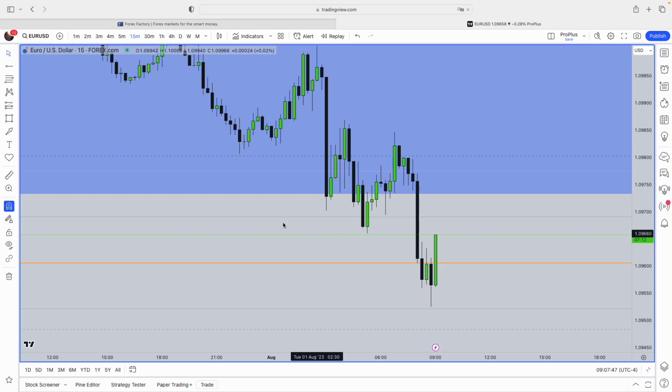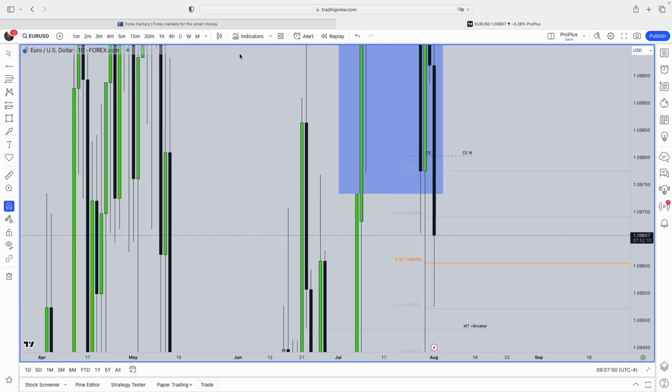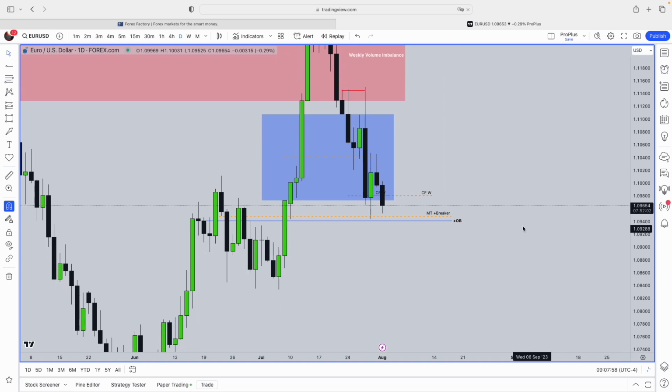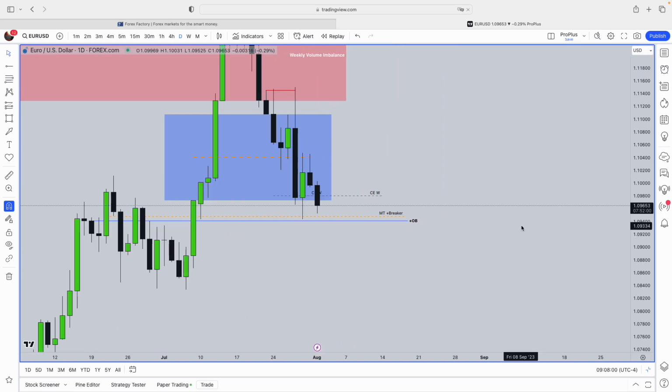So yeah, I'll see what happens, sorry, my brain is just gone dead. But yeah, I'll see what happens in a couple of hours or the next day of where price is going to be, but let's see if it still wants to run back into the order block.